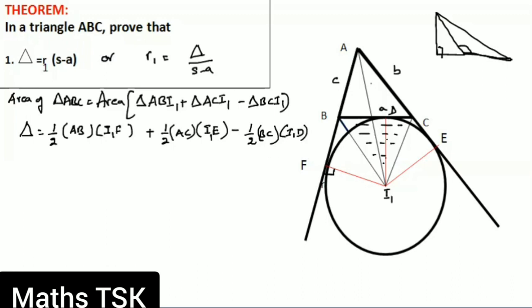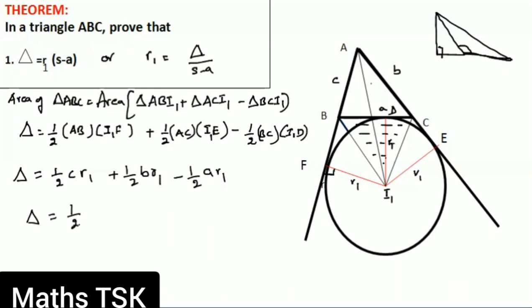Since these distances are all R1, the constant distance is R1. So delta is equal to half into C R1 plus half into B R1 minus half into A R1. Delta is equal to half R1 taken common, then C plus B minus A. C plus B minus A is 2S minus 2A.